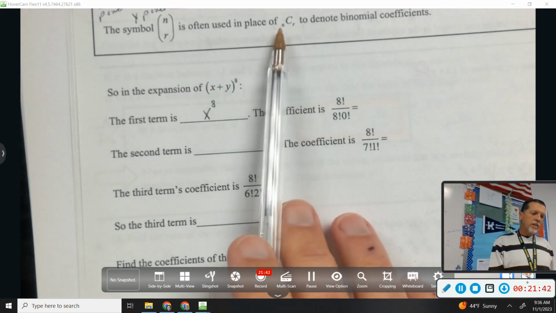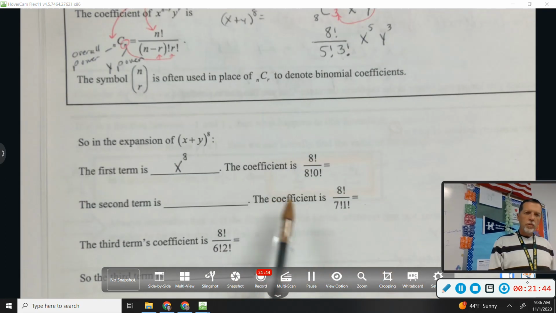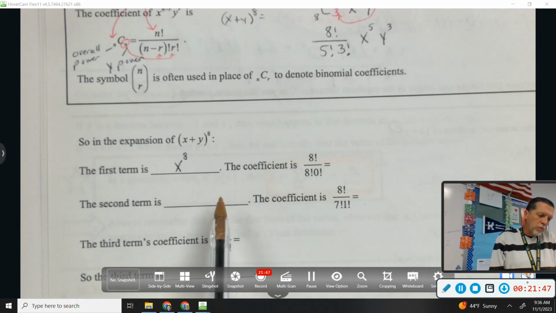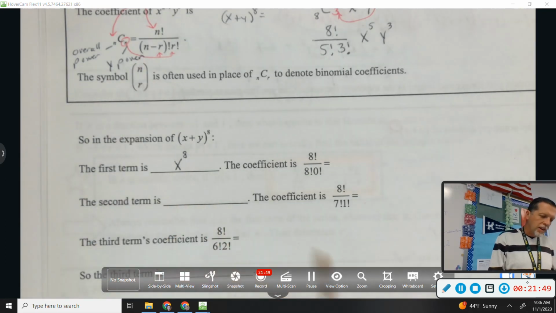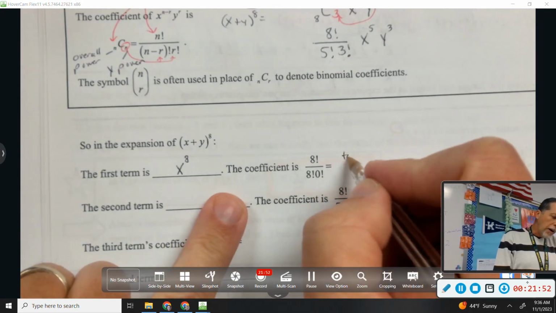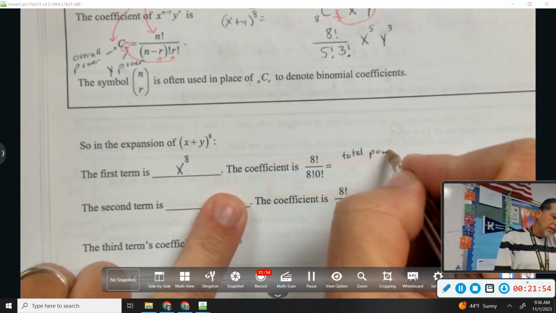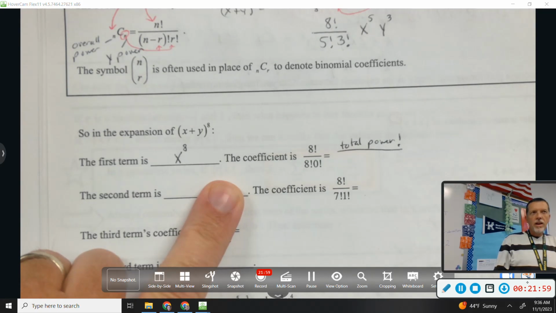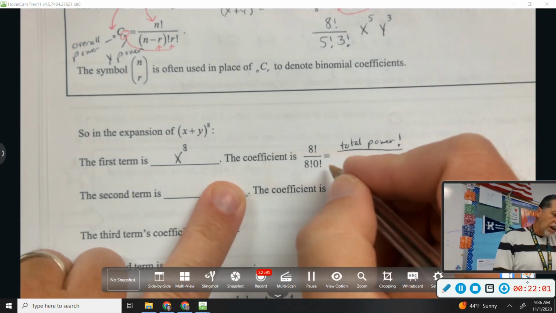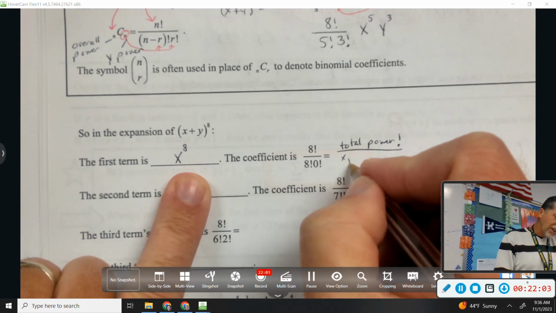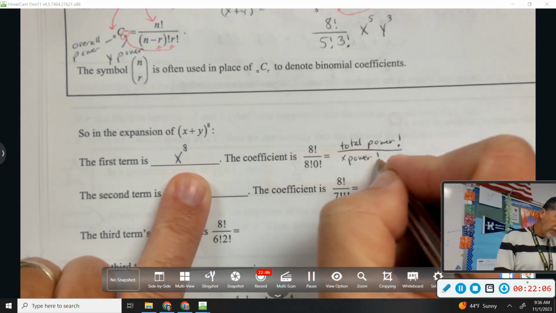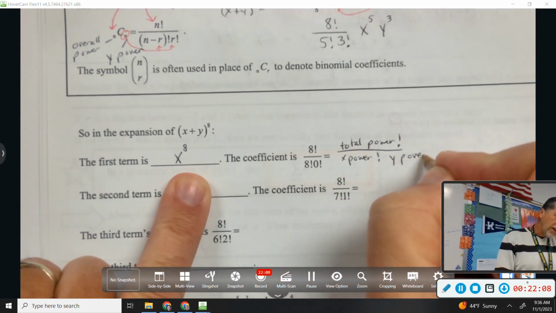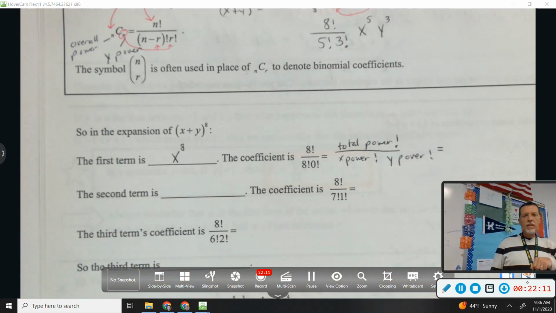Now, according to this formula, the coefficient, we already know it is 1, but according to this formula, it's the total power factorial over the x power factorial times the y power factorial. That makes more sense. Good job, Dia. You explained it for everybody.